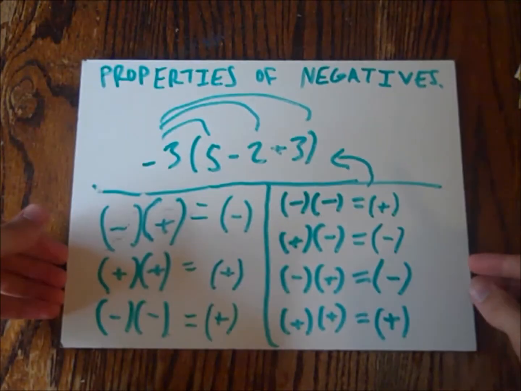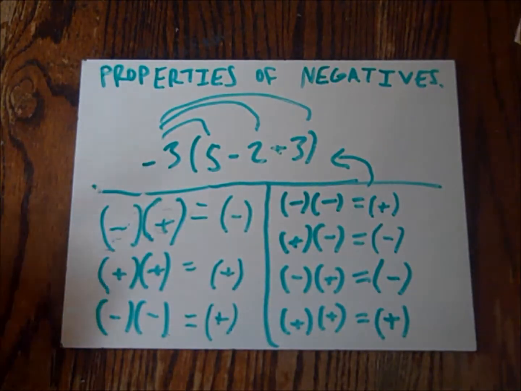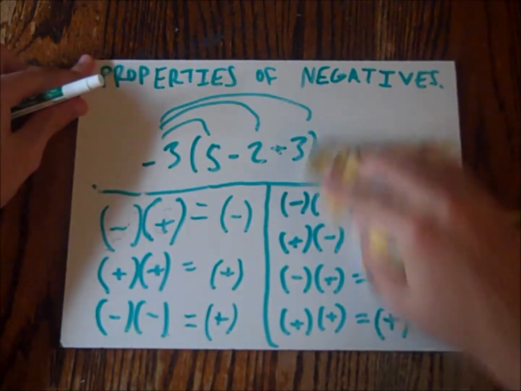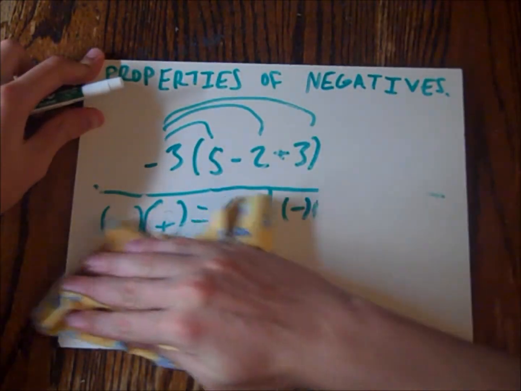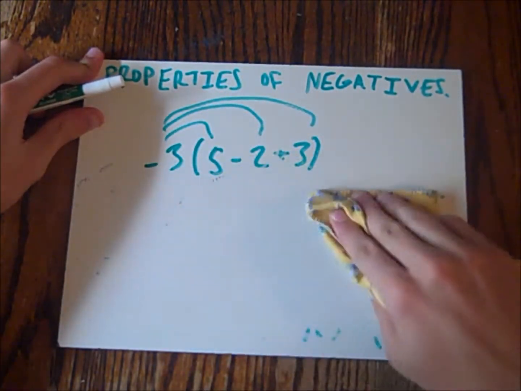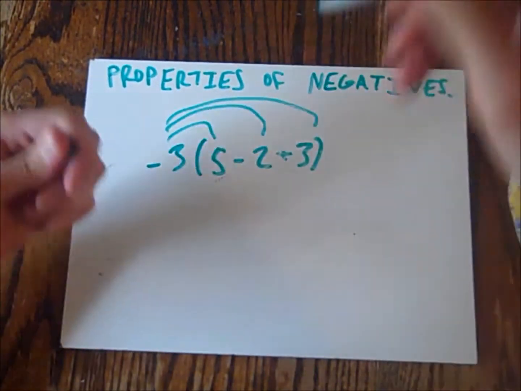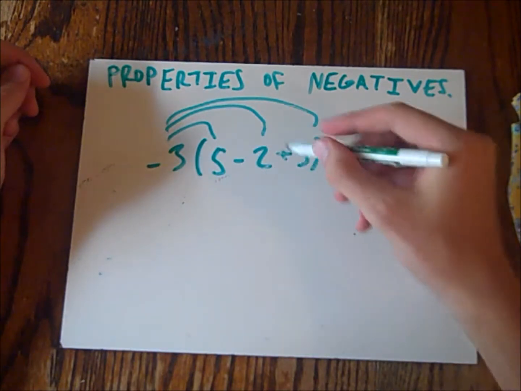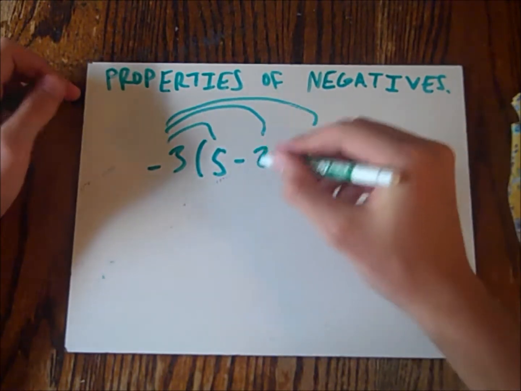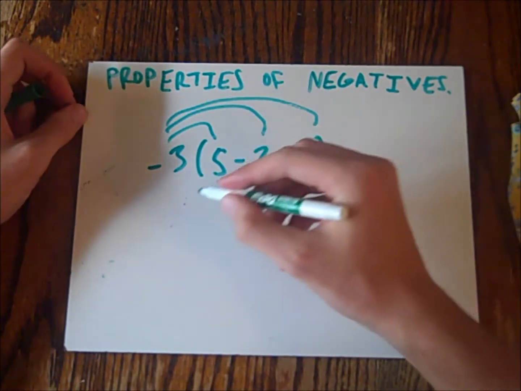Okay, so now we're going to take that distributive property and figure it out again. So let's get right into it. We got negative 3 times parentheses 5 minus 2 plus 3. Alright, so here's how it goes.